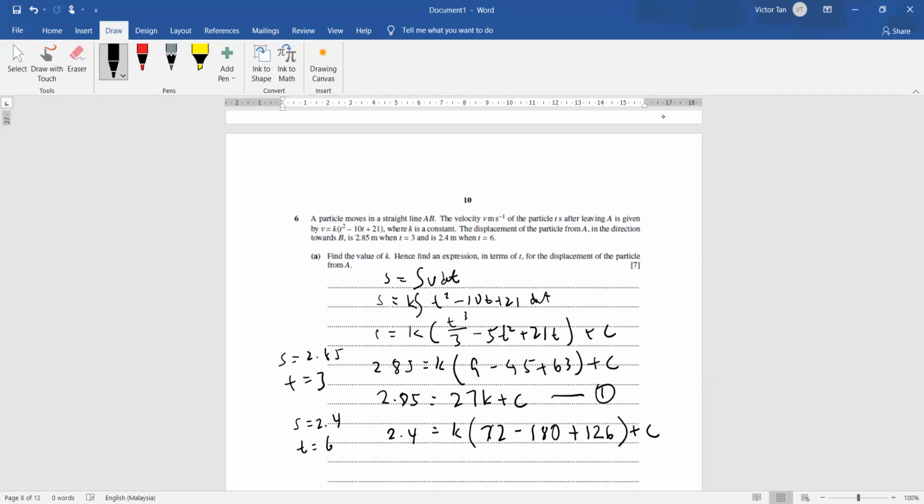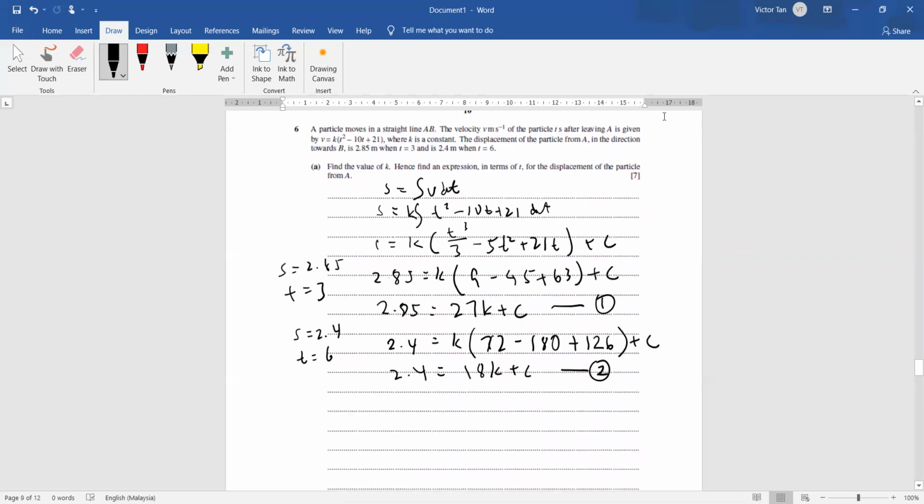So you have 2.4 equals 198 minus 180, which is 18K, plus C. This is equation 2.